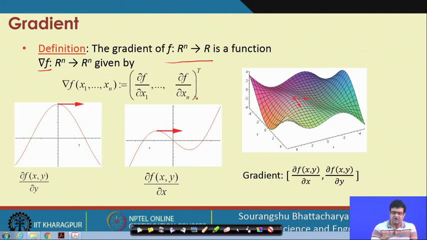It is an n dimensional vector, where the first dimension is the partial derivative of the function f with respect to x, and so on and so forth. This is an example. This is the partial derivative with respect to y direction, and this could be the partial derivative with respect to x direction, and when you put these two together in a vector, you get the gradient of the objective function.